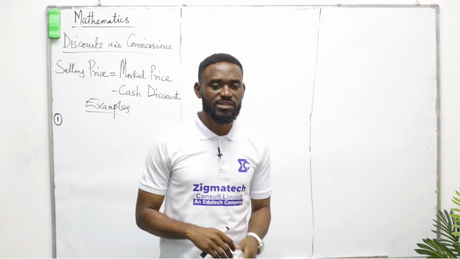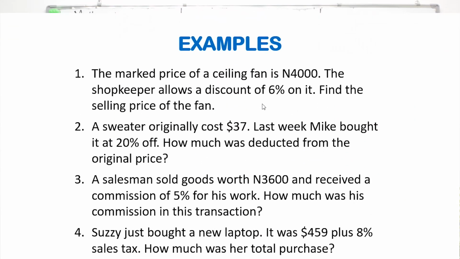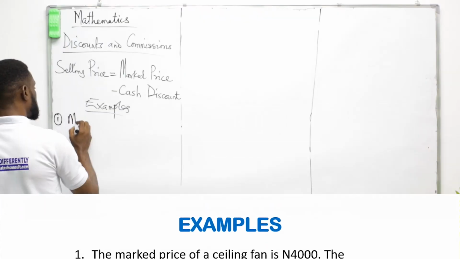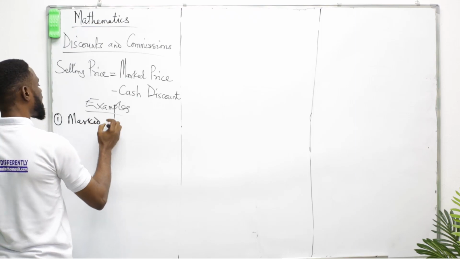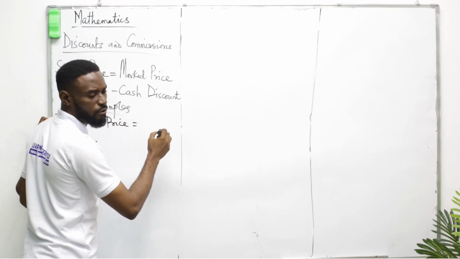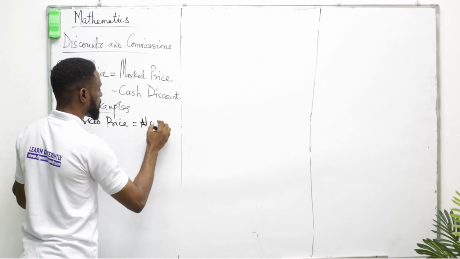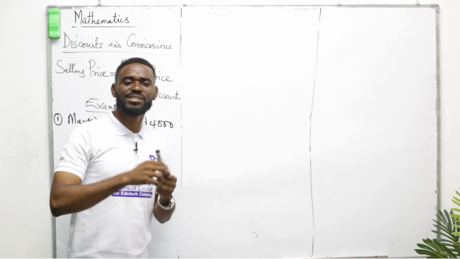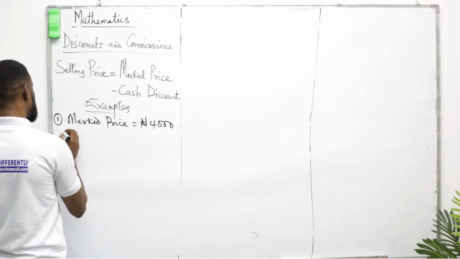The marked price of a ceiling fan is 4,000 naira, all right? The shopkeeper allows a discount of 6%. So the marked price is 4,000 naira, and the shopkeeper allows a discount of 6%.